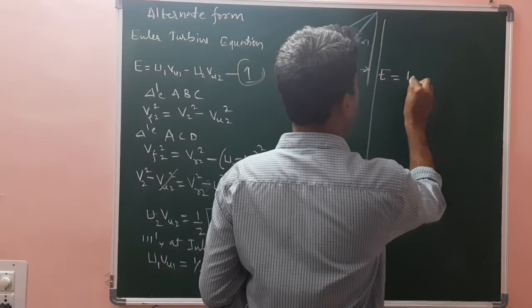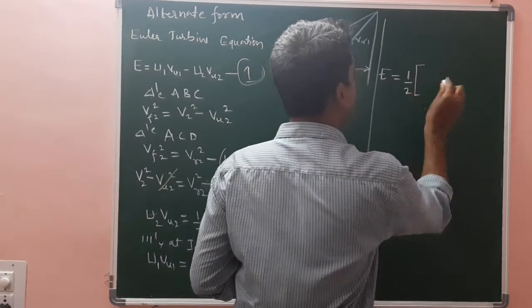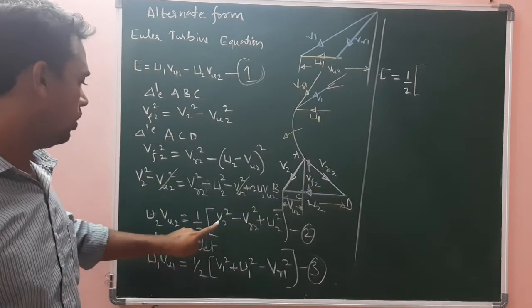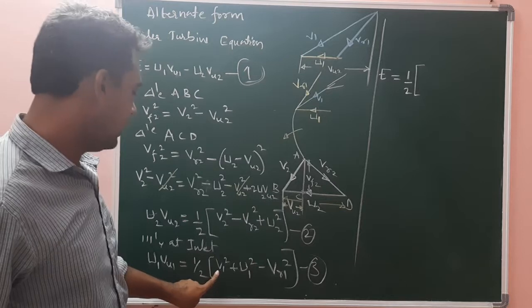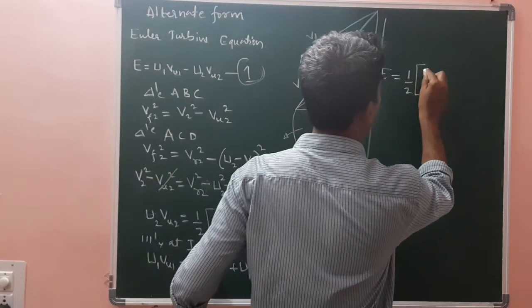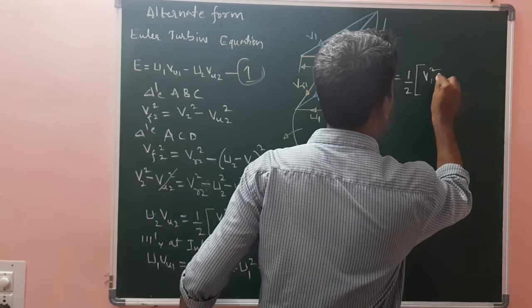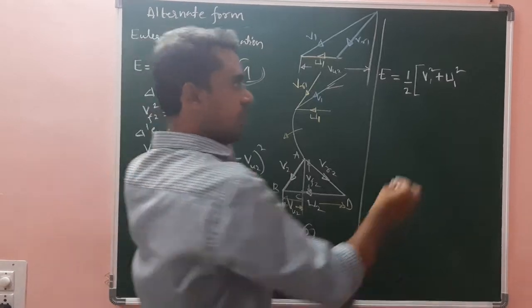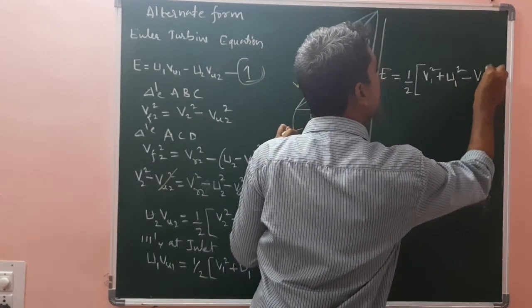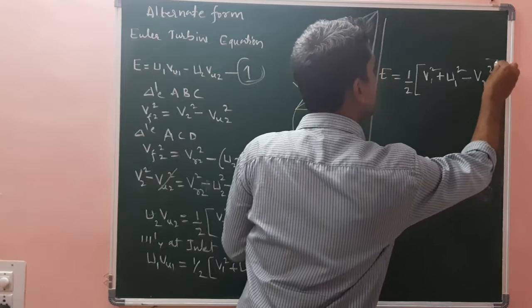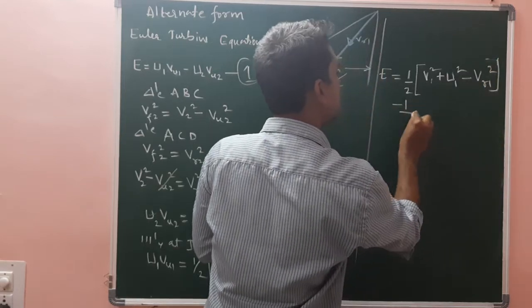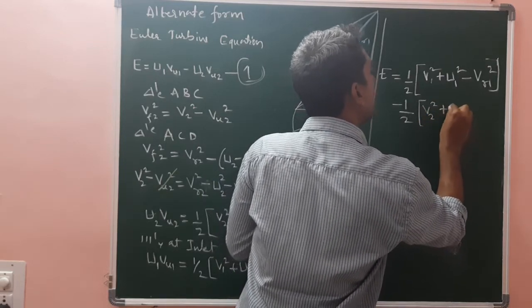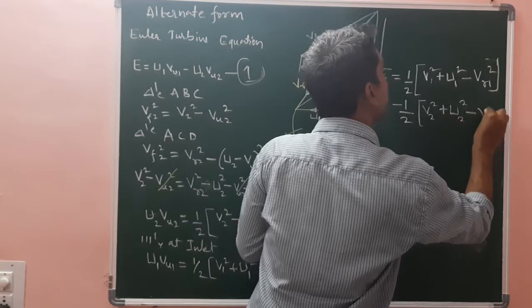Energy transfer E = 1/2 [Φ1² + U1² − Φ R1²], this is U1 Φ1, minus U2 Φ2, which is 1/2 [Φ2² + U2² − Φ R2²].